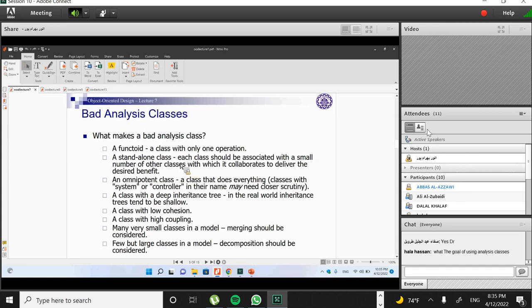But a class which has no dependency or relationship or association to other classes is a bad class. Probably this class is not a part of that project.